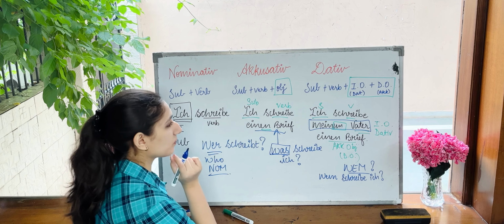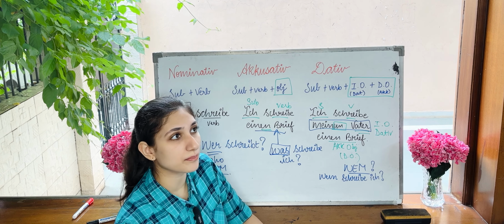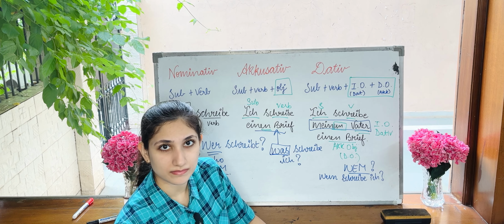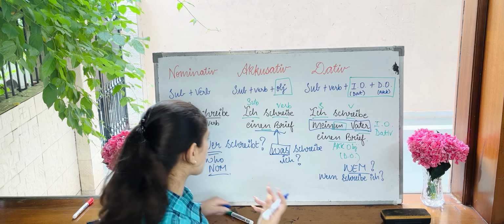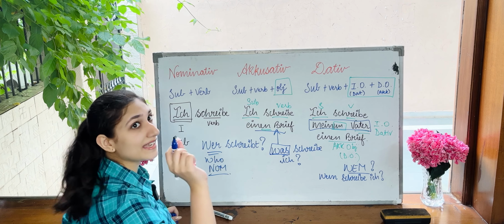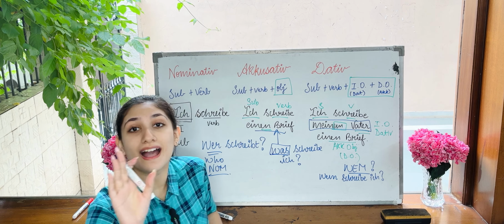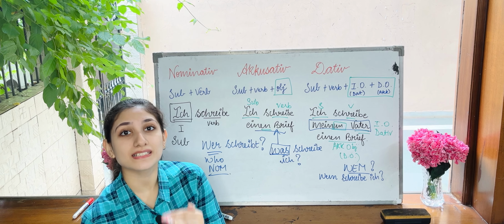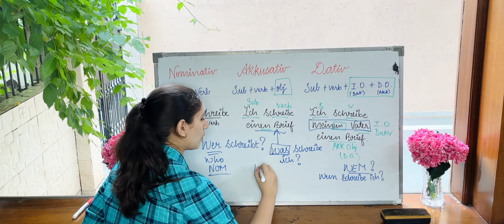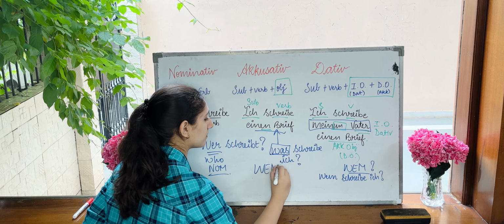Now, if it is a person, for example, ich rufe meine Freundin an. I am calling my friend. Sorry, anrufen is a separable verb. What will the question be? It will be wen.